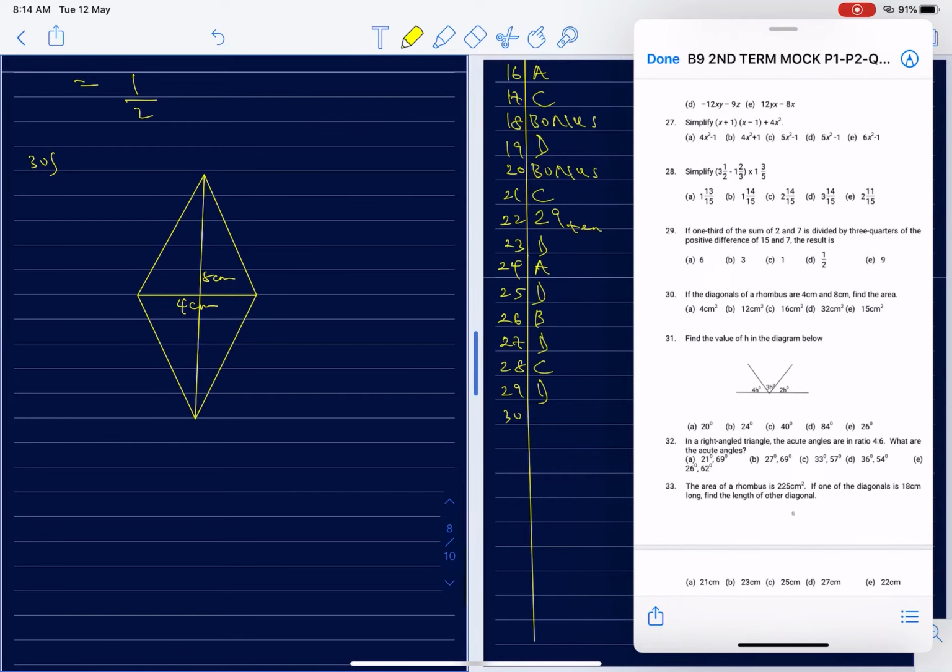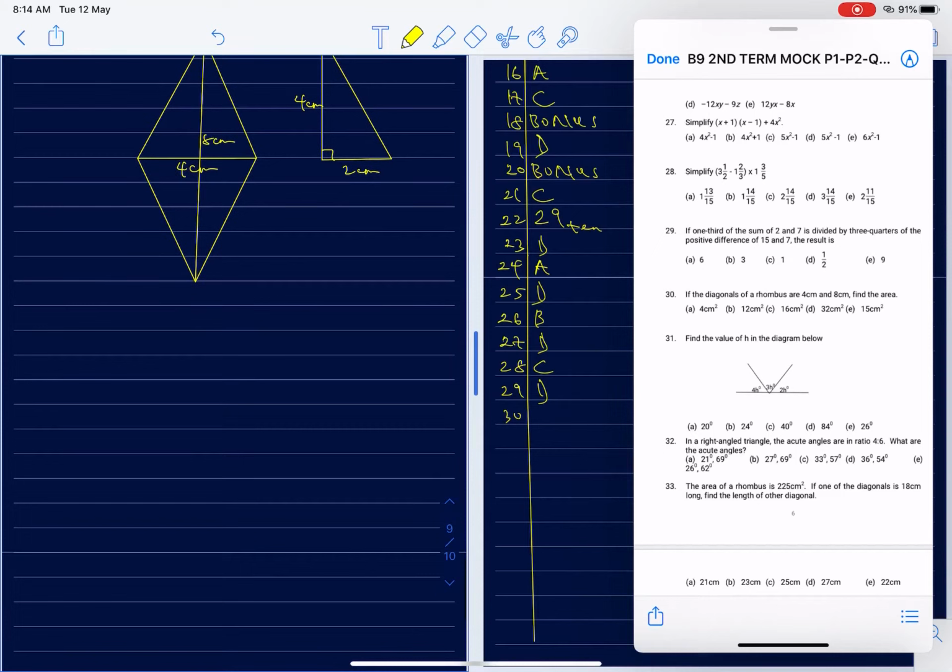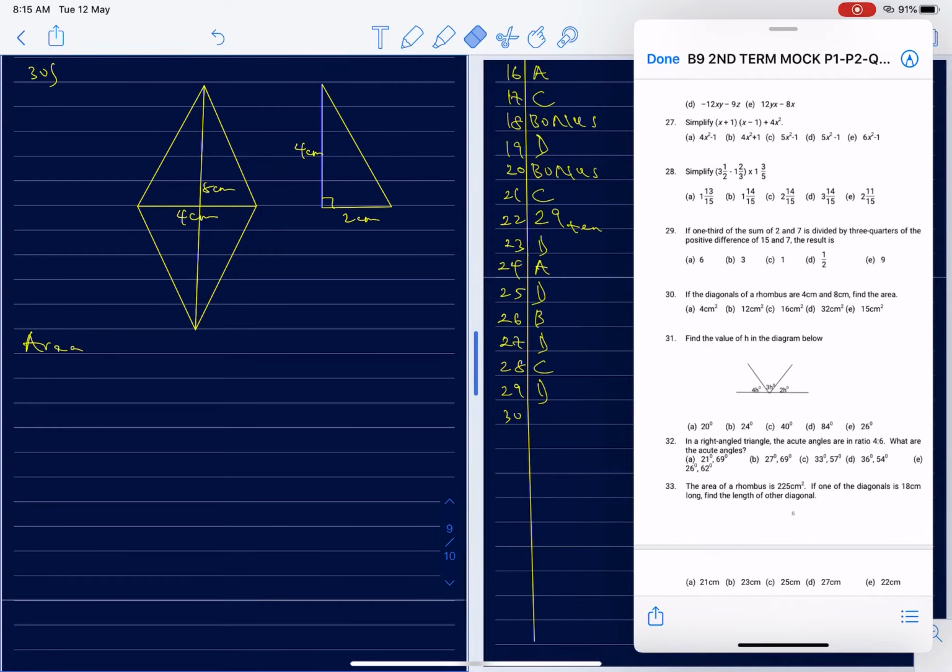How do you find the area of a rhombus? We can simply find the area of one of the right angle triangles inside it and multiply it by 4. So I'm bringing out one of the right angle triangles. The short diagonal is 4, that means this is 2 centimeters. The long diagonal is 8, that means this is 4 centimeters because it's half of it. So the area of that triangle is half base times height.